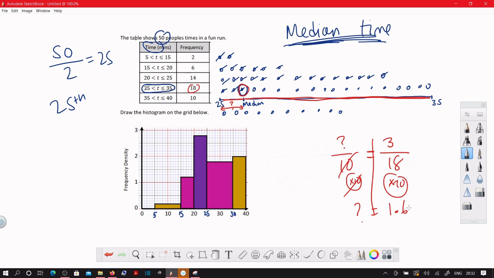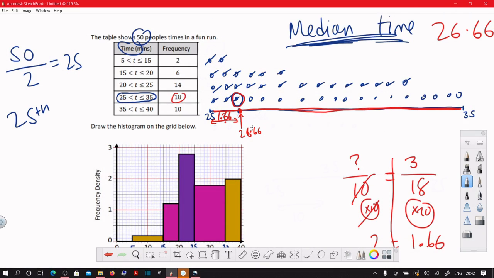I'll just write it as 1.66. So that gap over there is 1.66. Therefore our median, this position here, happens to be 25 add 1.66, which is 26.66. That's our median time.